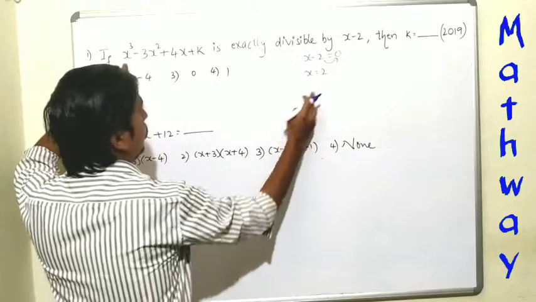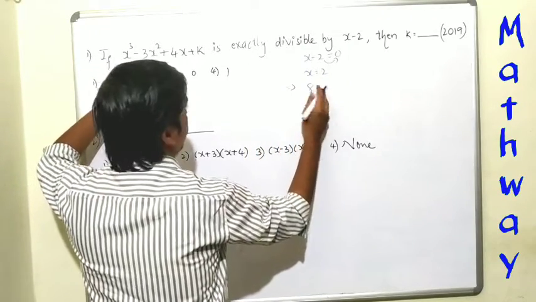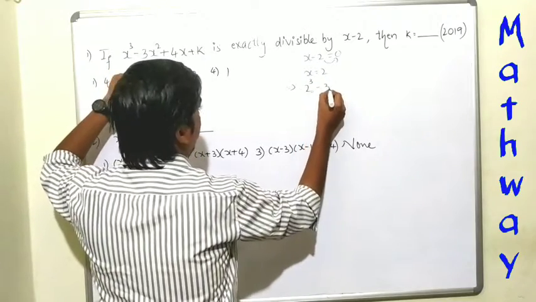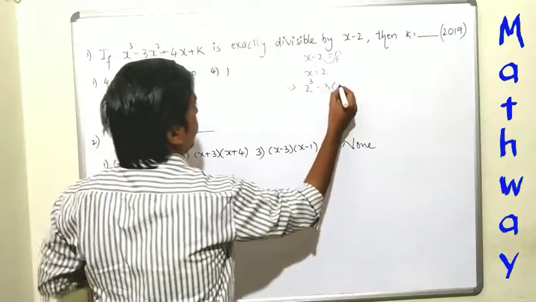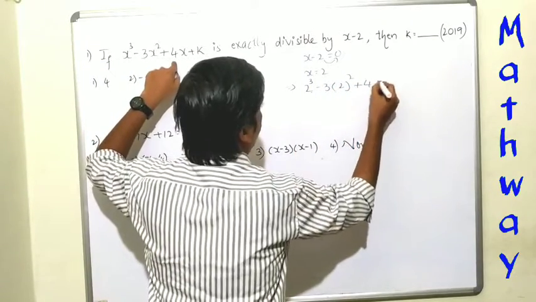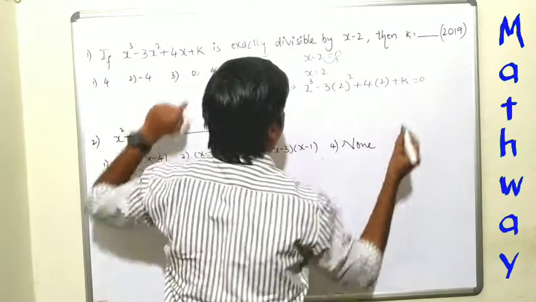This x cube, so 2 cube. What is the 2 cube value? 8. So I am writing 2 cube minus 3 of x square, means 2 square, plus 4x, 4 into 2, plus k equal to 0.